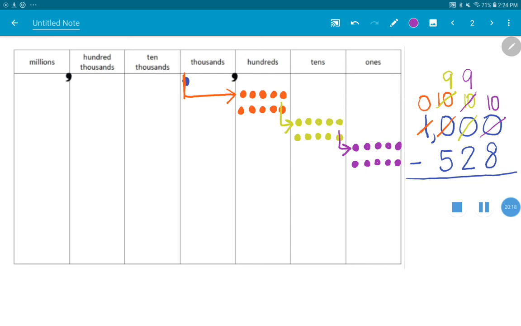All right. Let's make sure that we have the same value. I want you to count with me. 100, 200, 300, 400, 500, 600, 700, 800, 900, 910, 920, 930, 940, 950, 960, 970, 980, 990. Now what are we going to count by? Ones, okay?